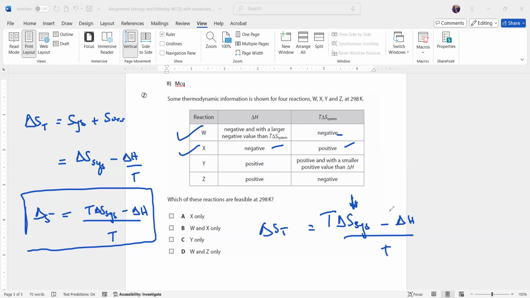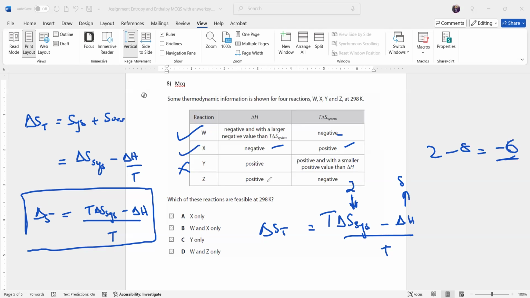The delta H is having a higher value and this product is having a smaller value. Let's say this is 2 and this is 8. So 2 minus 8, what will we get? We'll get a negative answer. If we get a negative answer, what does it mean? It means that this reaction will not be feasible, or thermodynamically not possible.